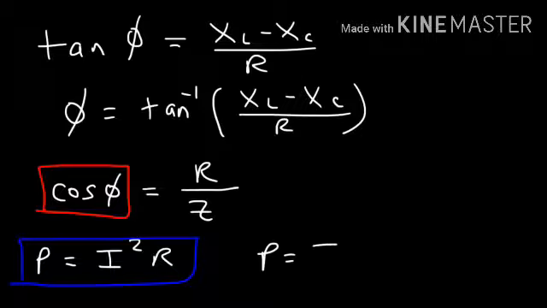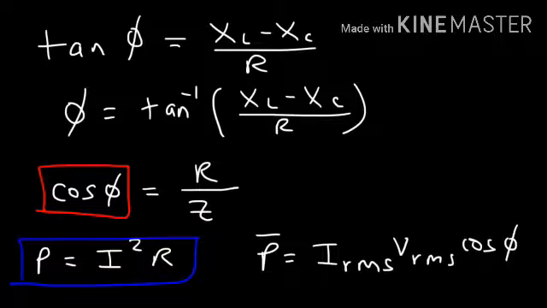The average power is the RMS current times the RMS voltage times the power factor. So you can also calculate the average power using that formula. And that's basically it. These are the main formulas that you need to know for the RL circuit, the RC circuit, and the RLC circuit.